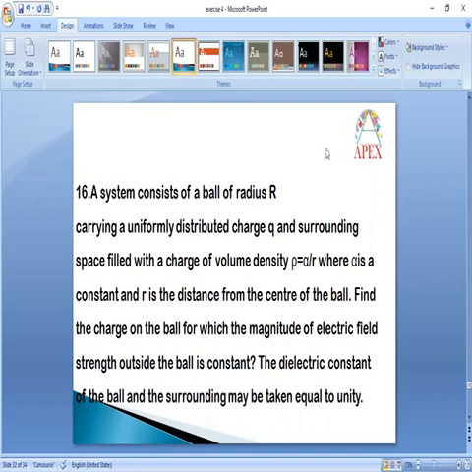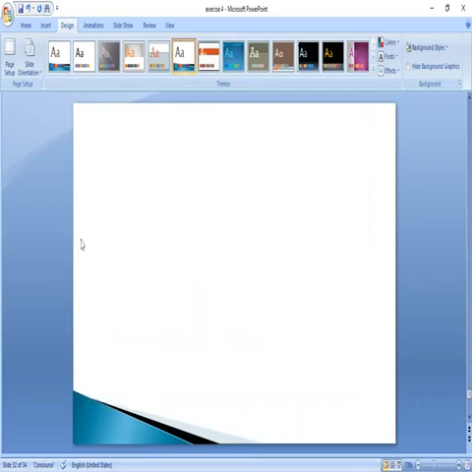That means everywhere it is given k equal to 1 only. So according to the question, here they considered a spherical ball of charge q and of course the radius R, and here there is some uniform charge density.